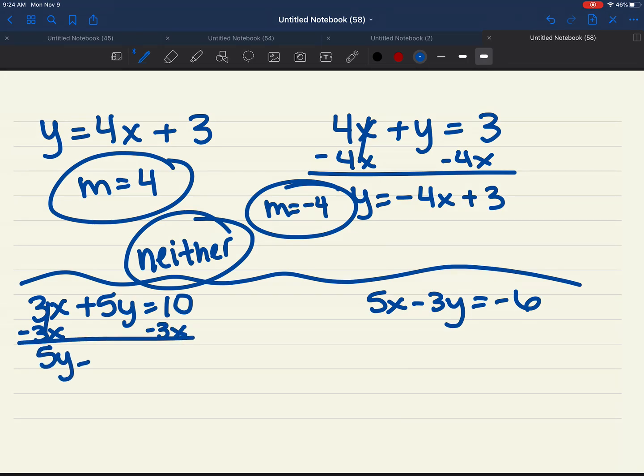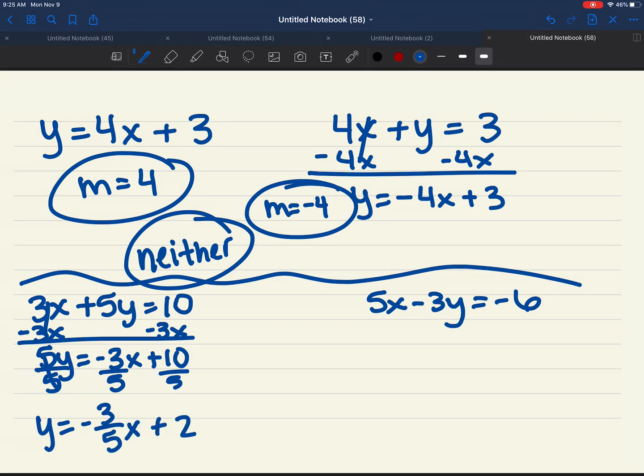So if I subtract 3x from both sides, I would get 5y is equal to what? Okay, and then my last step would be to... can I find the slope yet? Is this in slope-intercept form? There we go. Divide every number by 5. Okay, so I would get y is equal to -3/5 x plus 2.